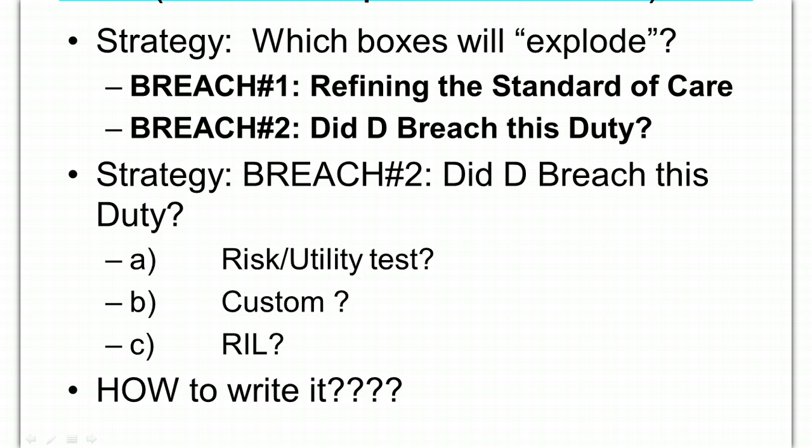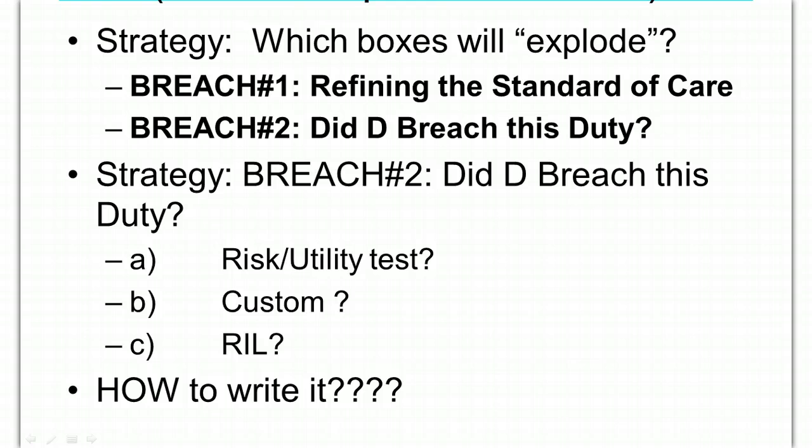In contrast, you should have realized that whether the defendant breached the duty required extensive analysis and should take up most of your paper. Your analysis in discussing whether the defendant did breach this duty should focus on option A, the risk utility case.